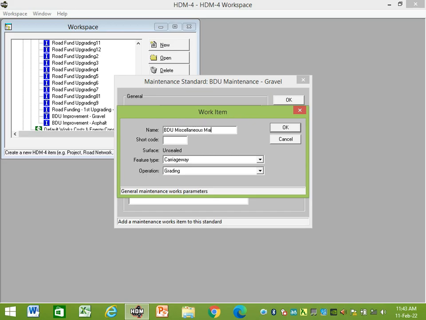Miscellaneous maintenance. All maintenance types included as one.